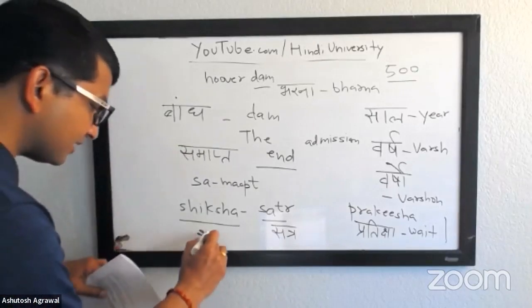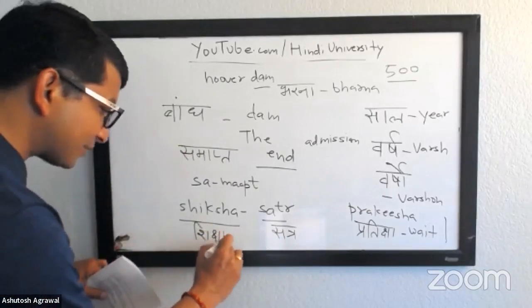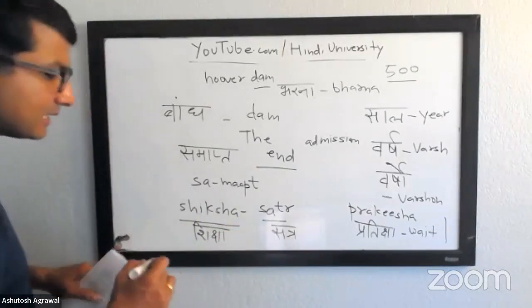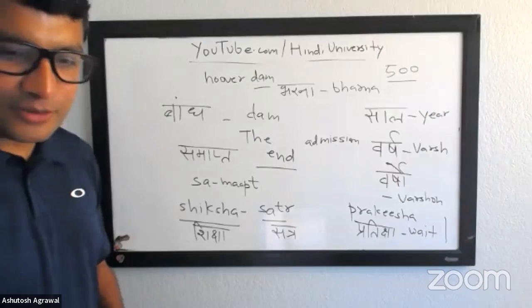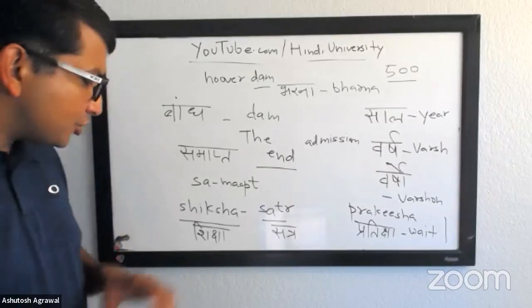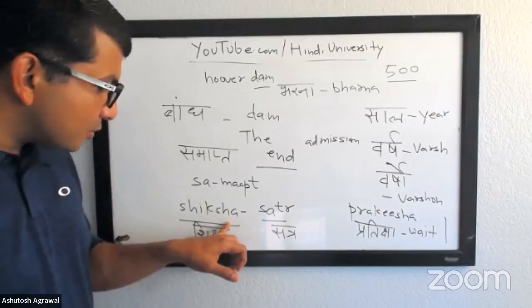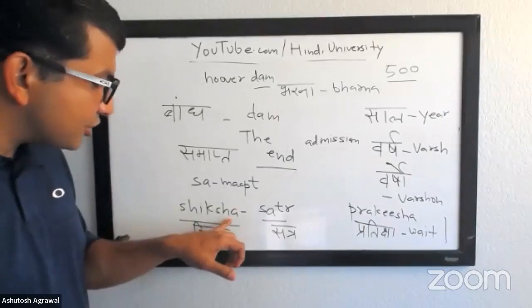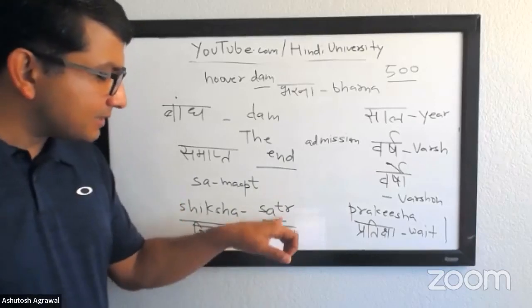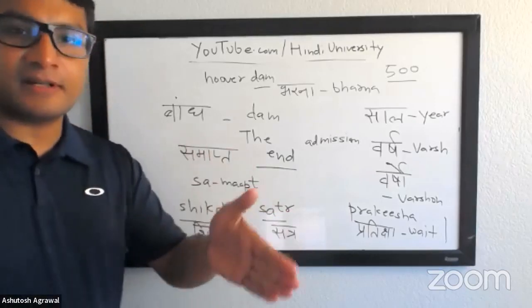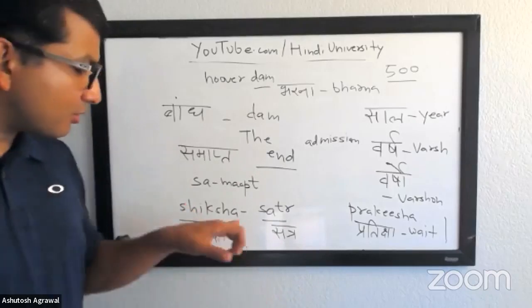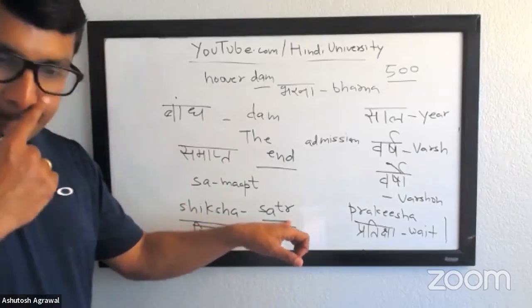Shiksha is education, and satra is year, or that period, whether it is a 6-month period or 1-year period, like the duration or the academic year.